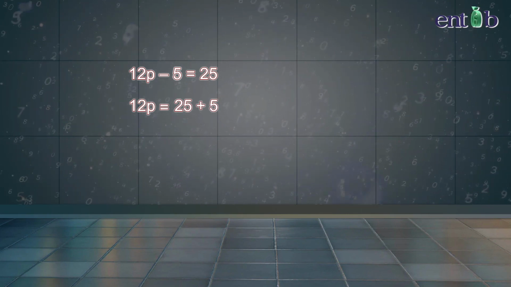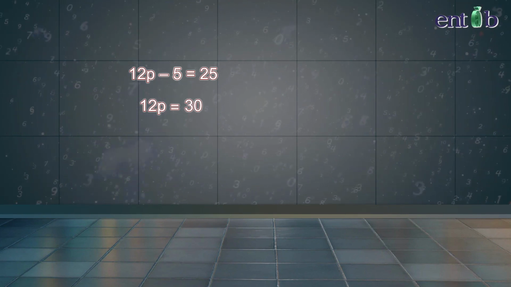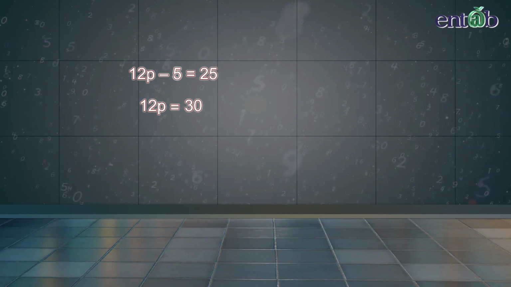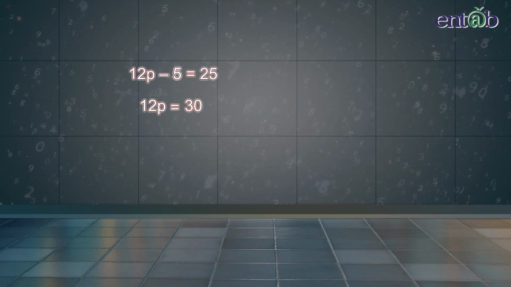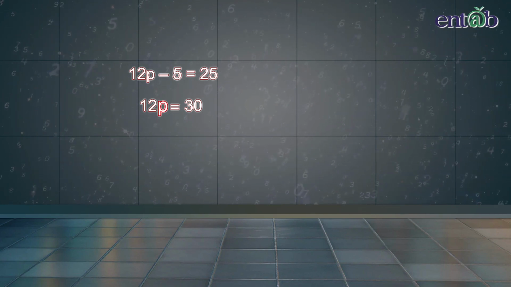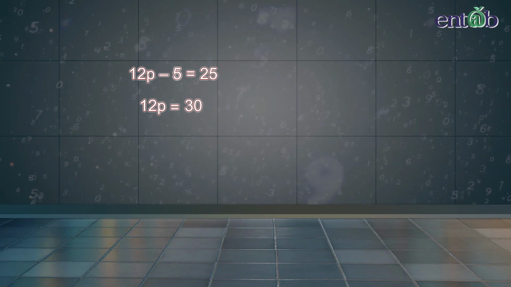On adding 25 and 5, RHS will become 30. Now the equation will be 12p = 30. Thus, to derive the value of the variable p, we will be dividing both sides by 12.